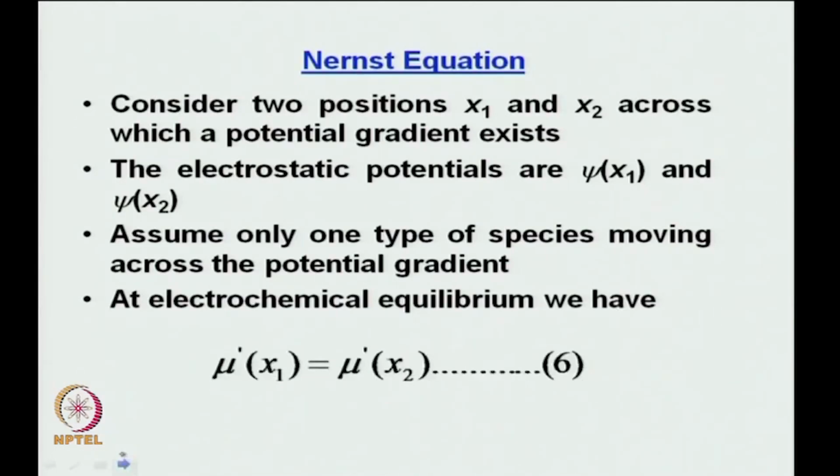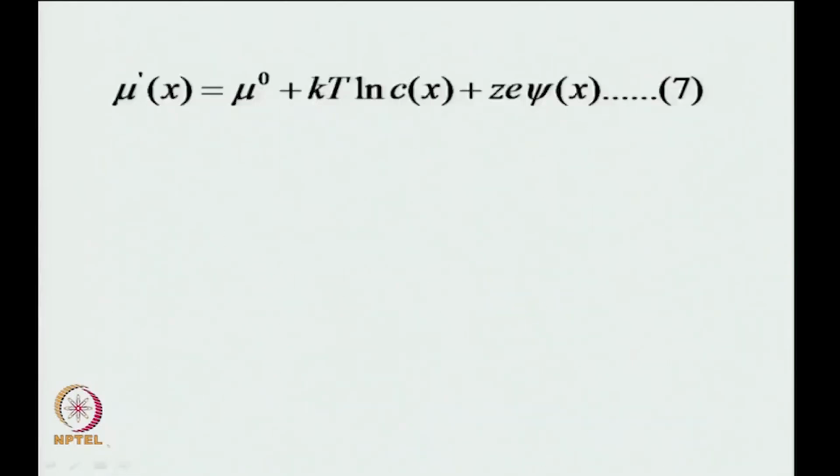That means my electrochemical potential at x1 should be equal to my electrochemical potential at x2, provided I am talking about the same species and they are in the same phase, right. That is how you define your chemical potential too, when you are talking about phase diagrams and all these things, right. Okay. Now, let us go ahead with this.